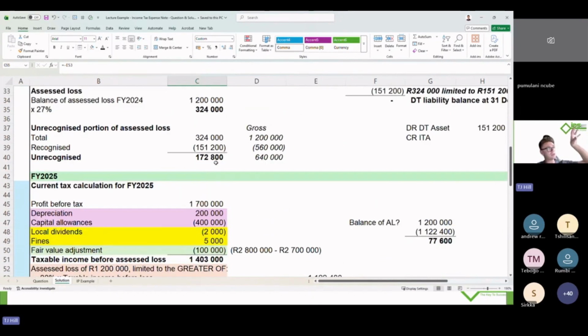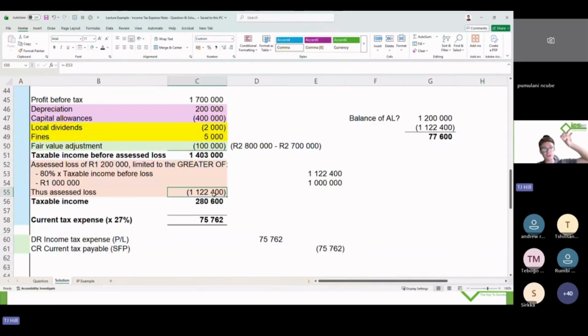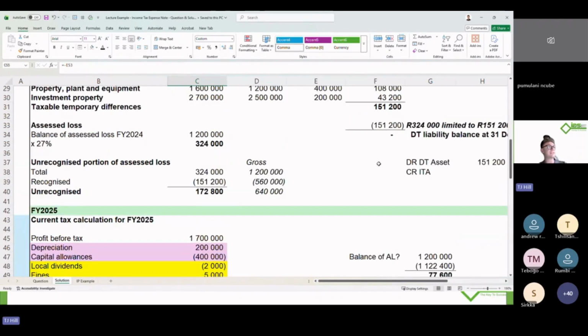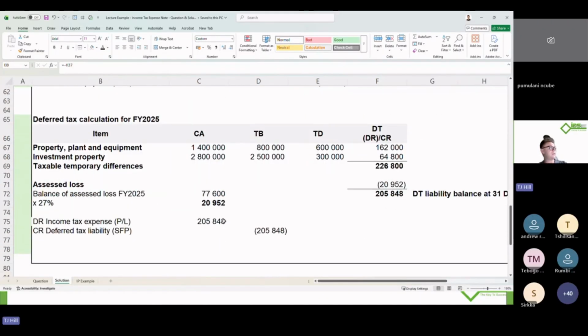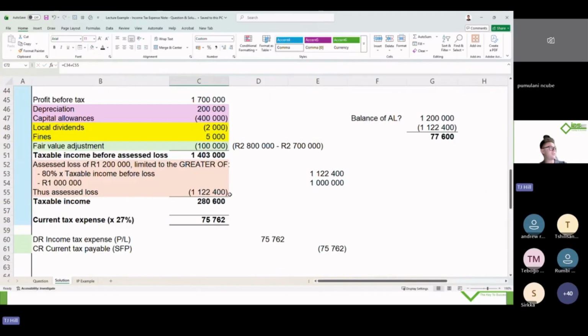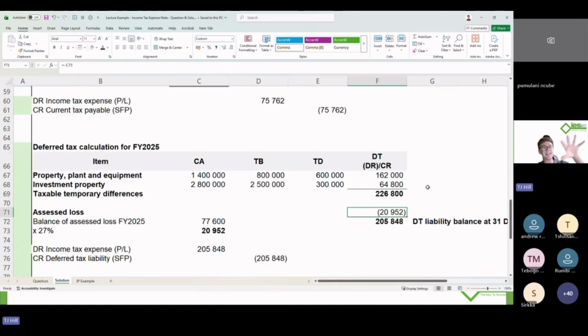So last year I didn't pass a full journal. I passed a journal, but it was smaller. Now a portion of this total 1.2 came through in the current tax. Here I've recognized only that, and then the rest that was left over after I did that, I also recognized here, which means I've recognized and passed a journal this year for all of it.